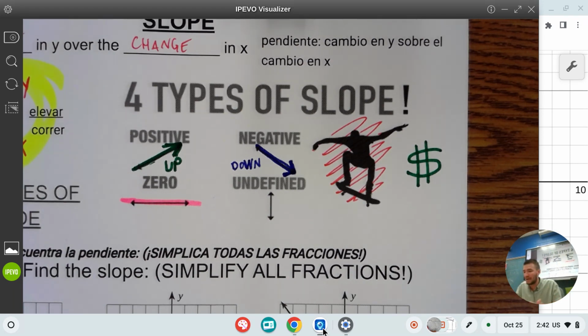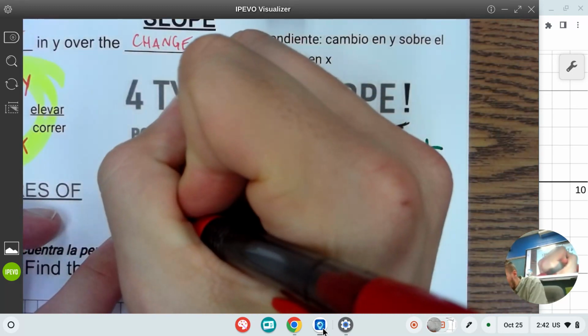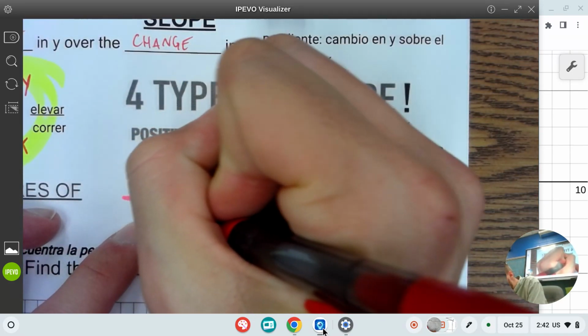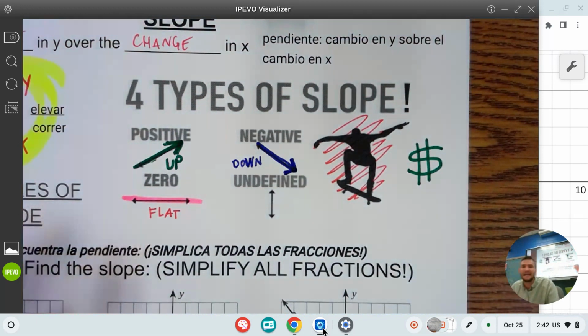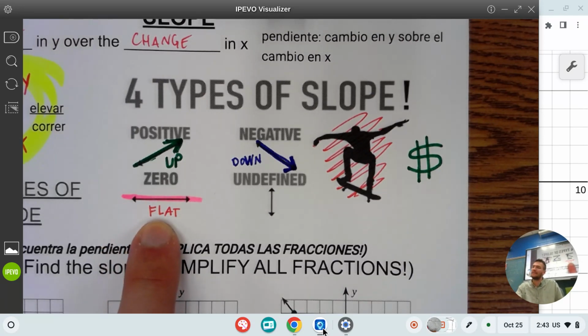You're not gaining money. It's just zero. I'm going to use the word flat, because I always like to think about it like flat. In this scenario, you don't have a job because you're not making any money, but you also must be living for free because you're not spending any money either. Not many people live their life like this. You're probably either going to be making money or losing money.